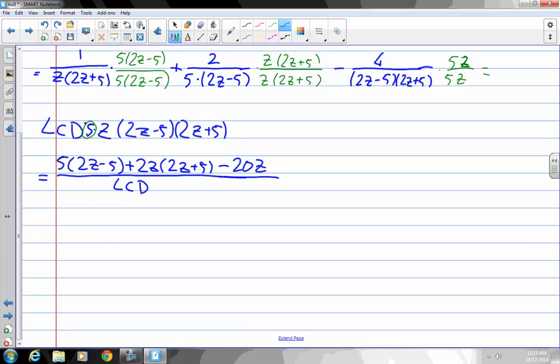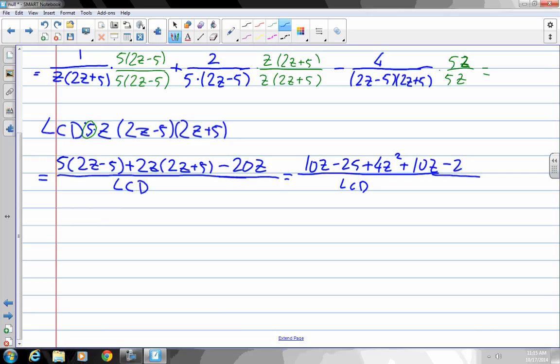So now I have to open up all the parentheses, combine like terms in the numerator, keeping the denominator the same. Denominator won't matter until the very end. So distribute 5 gives you 10z minus 25. Distribute 2z gives you 4z squared plus 10z.